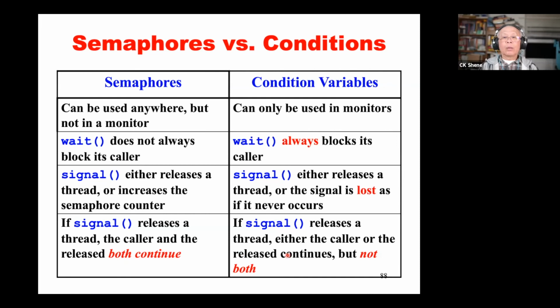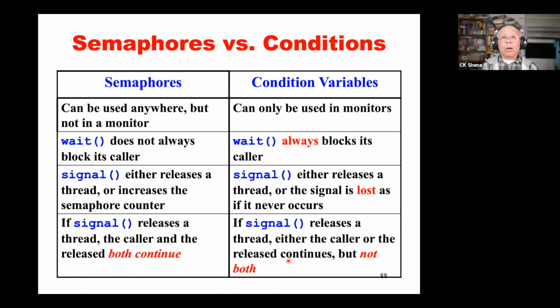But for condition variable, because you can only call condition signal inside a monitor, which means you are in the monitor and you are the only one in the monitor. If you call condition signal and someone is there waiting, then one of them will be released. However, either the caller, the signaling thread, or the released thread can continue. It cannot be both.